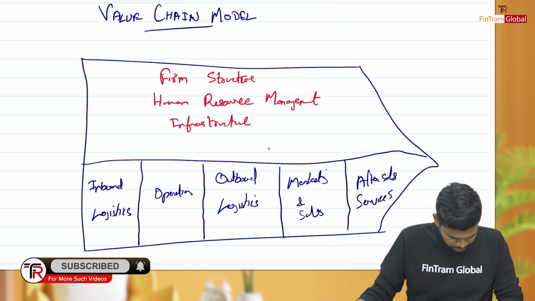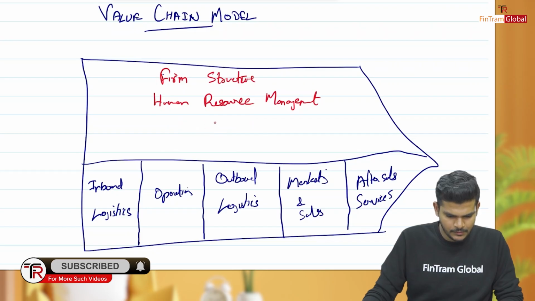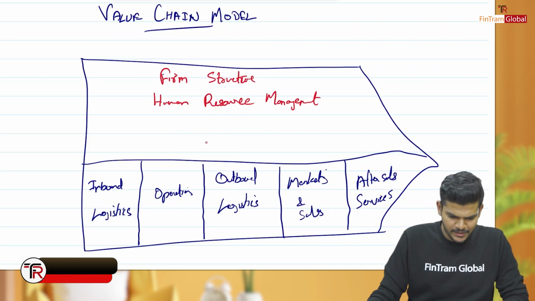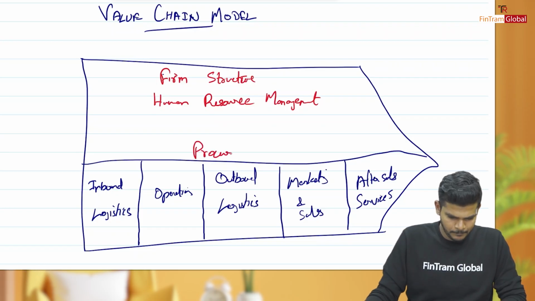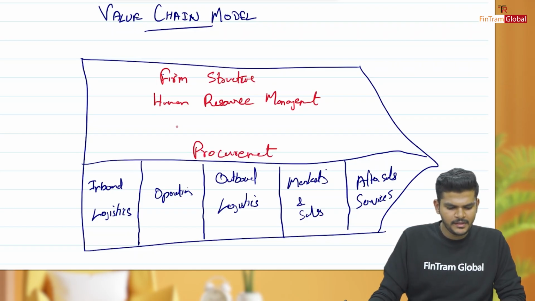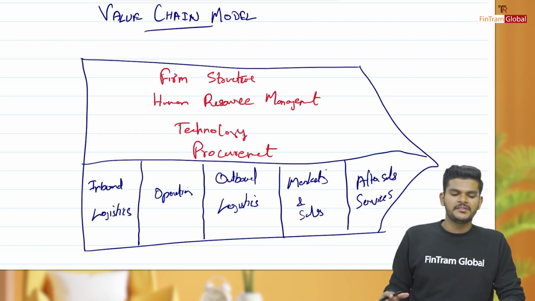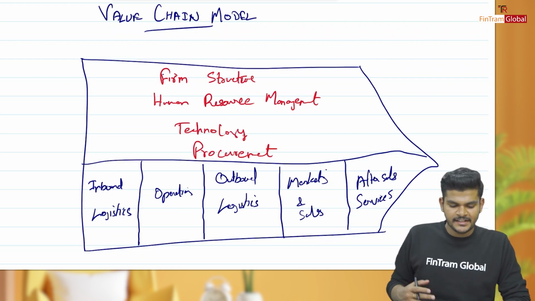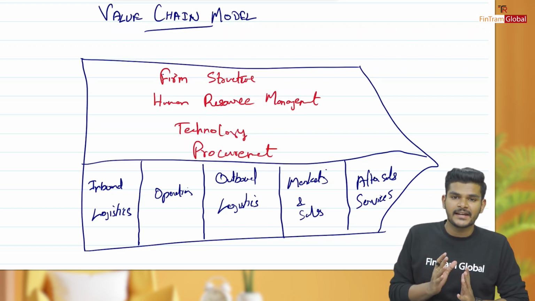Infrastructure comes under firm structure, right? So other than that, procurement is the last item. And then there would be technology. Okay, folks, firm infrastructure or firm structure, human resource management, technology, as well as procurement. These are the secondary activities that are there.